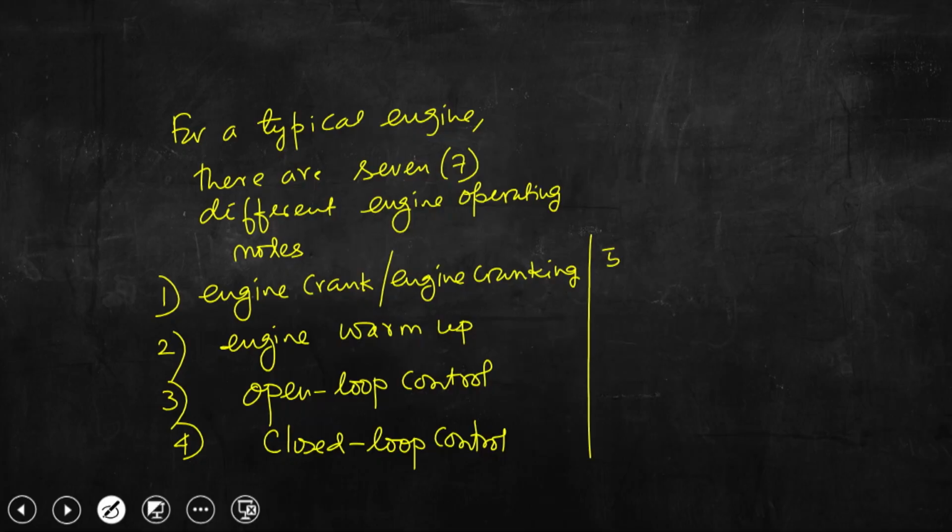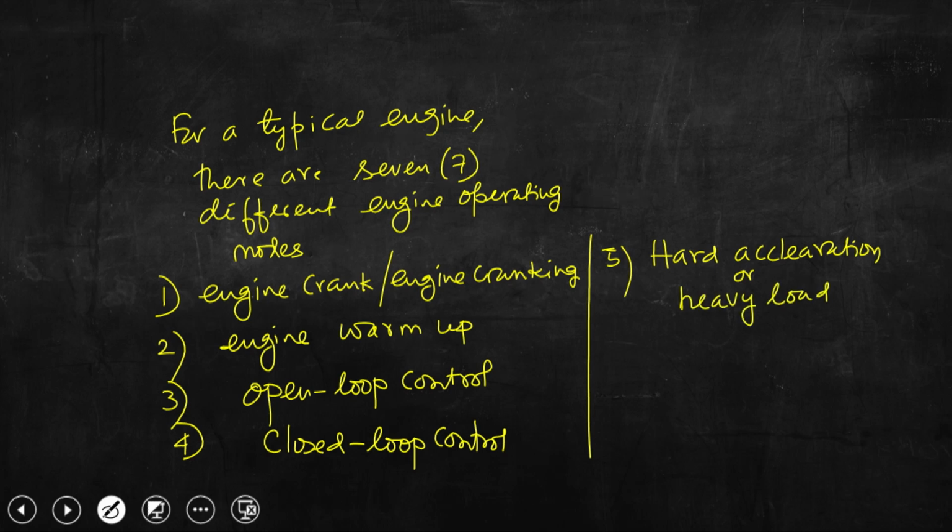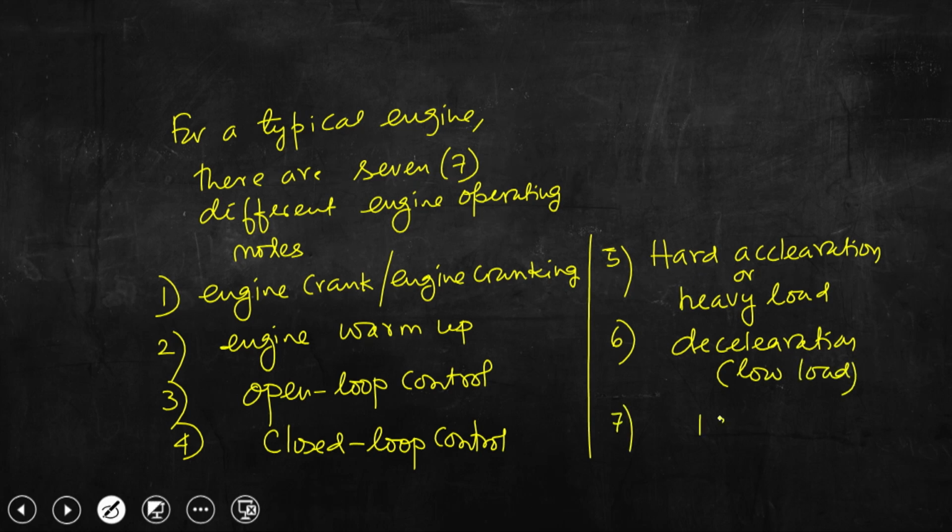Then 5 is engine acceleration, also known as hard acceleration or heavy load. 6 is deceleration, low load, and 7 is the idle mode.